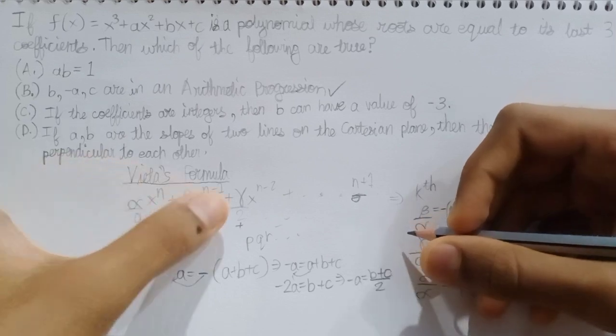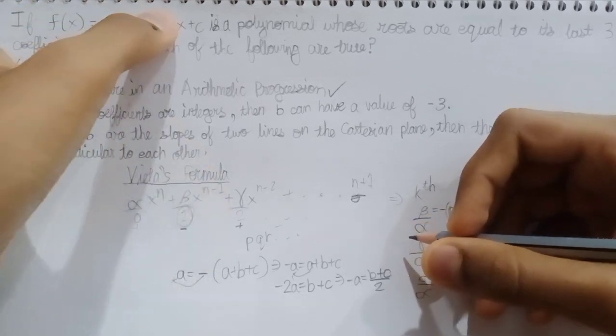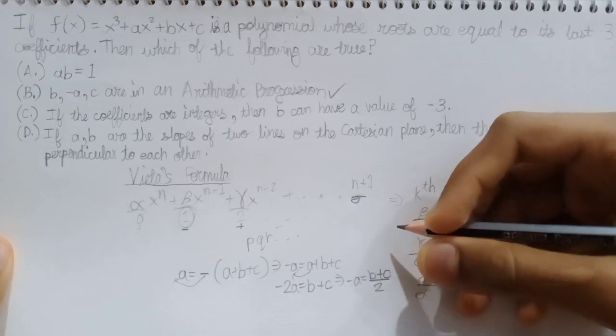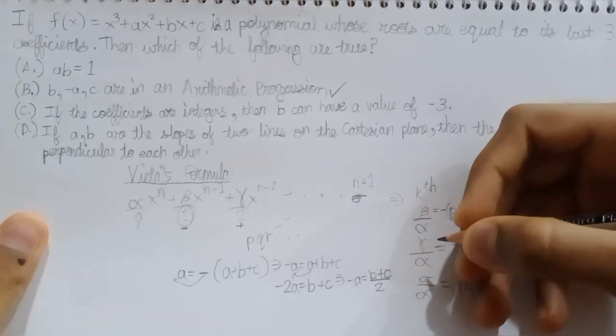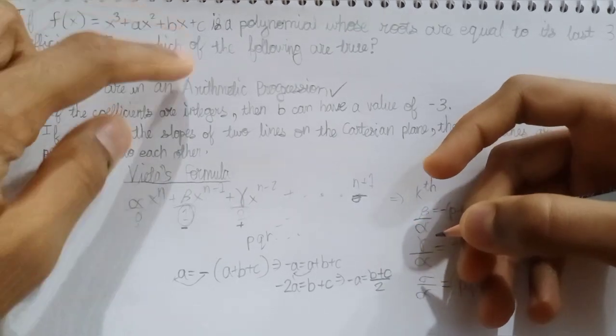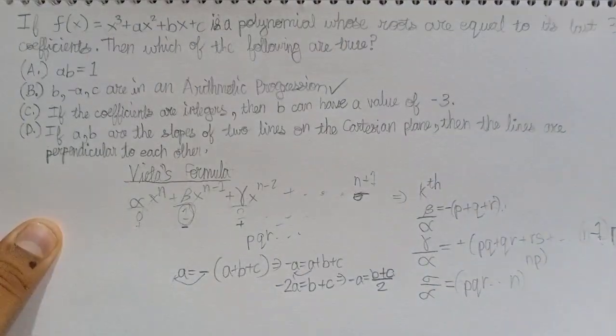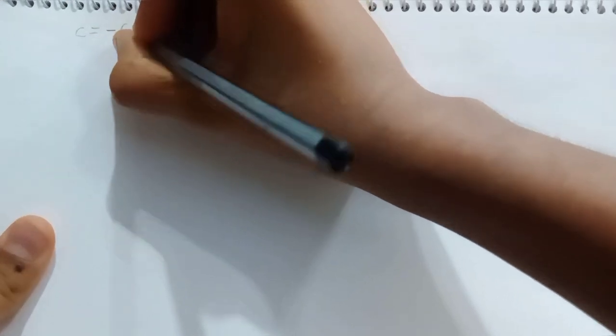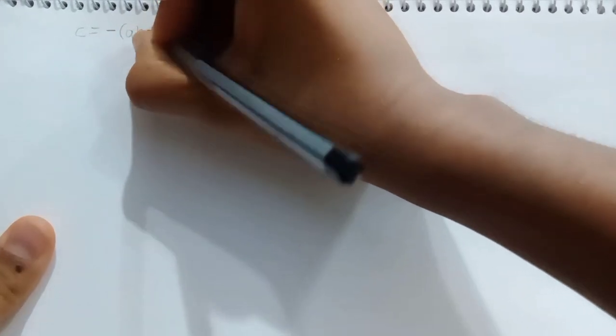Now let's look at b. It is going to be a little complicated because we'll have the product of two at a time. So let's take the last term, c. Since it is the fourth term, c is equal to negative abc, the product, because that is the last term. It'll always be the product of the roots.